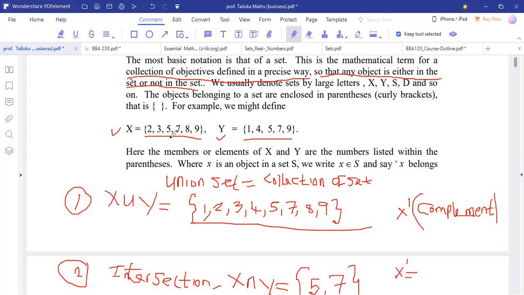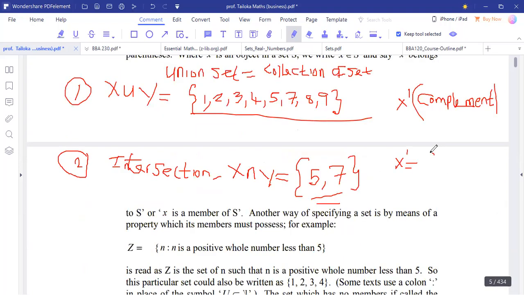So X complement is 1 and 4, because 1 is not there and 4 is not there.